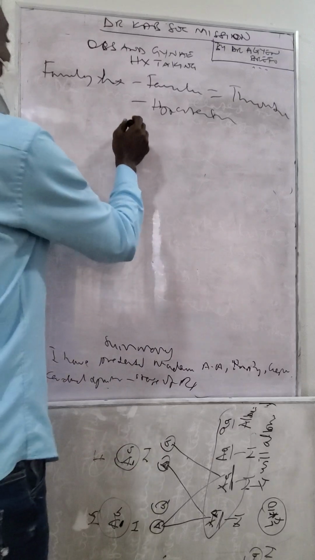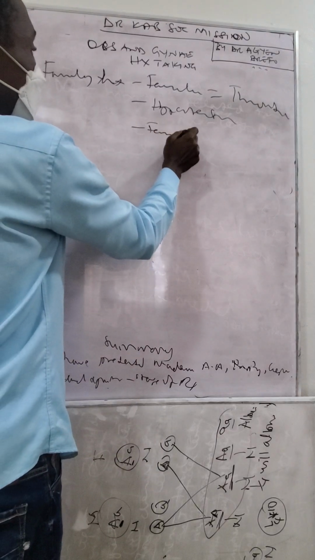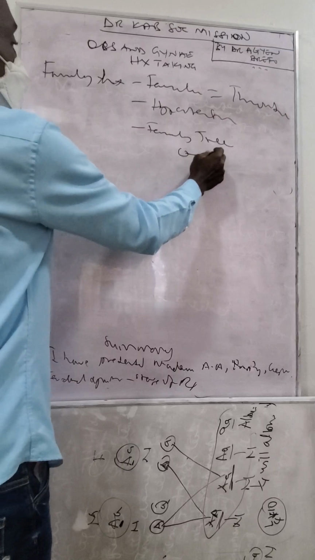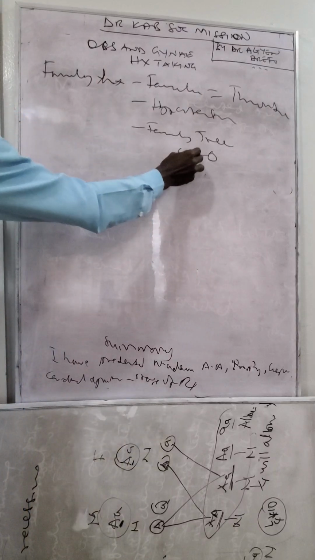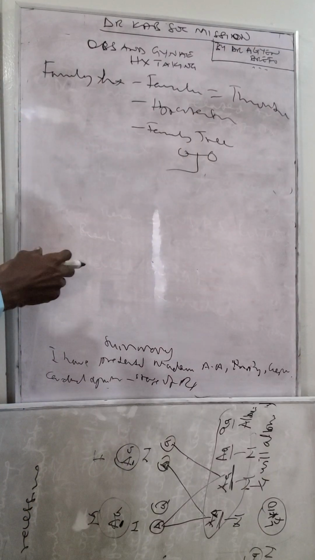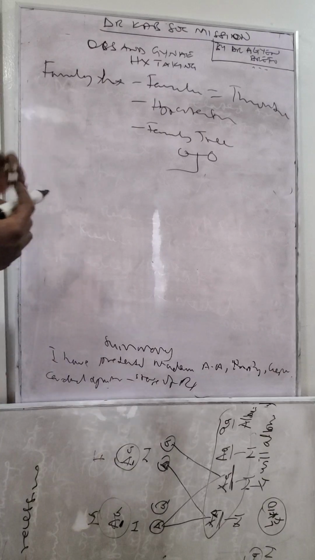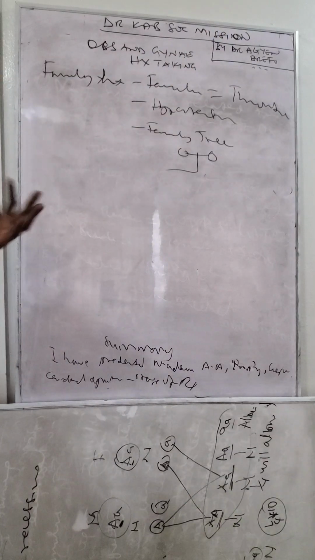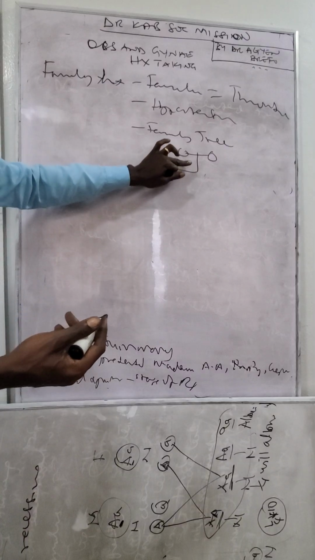Then you can draw the family tree to depict whatever conditions, cousins, and so on. Consanguinity, maybe the person is married to a close relative. If it is a sickle cell patient you are dealing with, your picture can also come in.